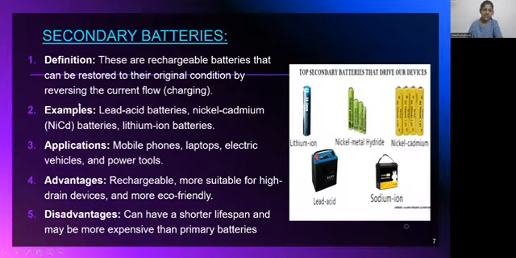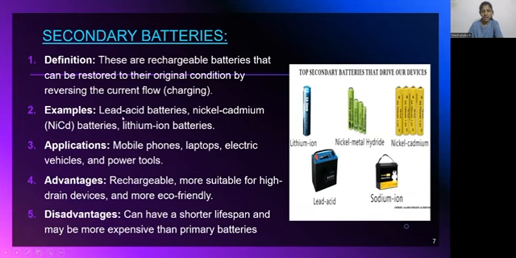And secondary batteries are those which can be recharged again, like those present in mobile phones and power banks. The energy can be restored to the original condition by reversing the current flow, that is, charging. Examples are lead acid batteries, nickel cadmium batteries, and lithium ion batteries.